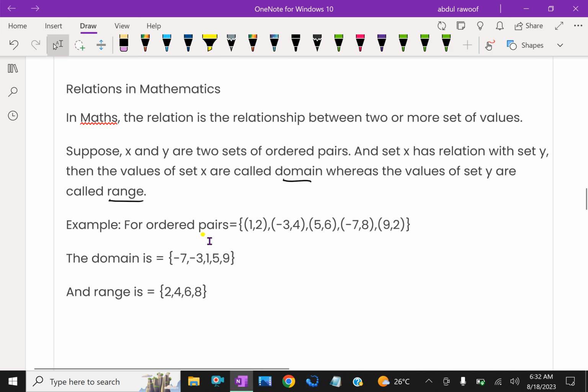Here, suppose the ordered pairs are given as (1, 2), (-3, 4), (5, 6), and so on. The domain is the first element of every pair, that is 1, -3, 5, -7, 9. Its range is 2, 4, 6, 8.